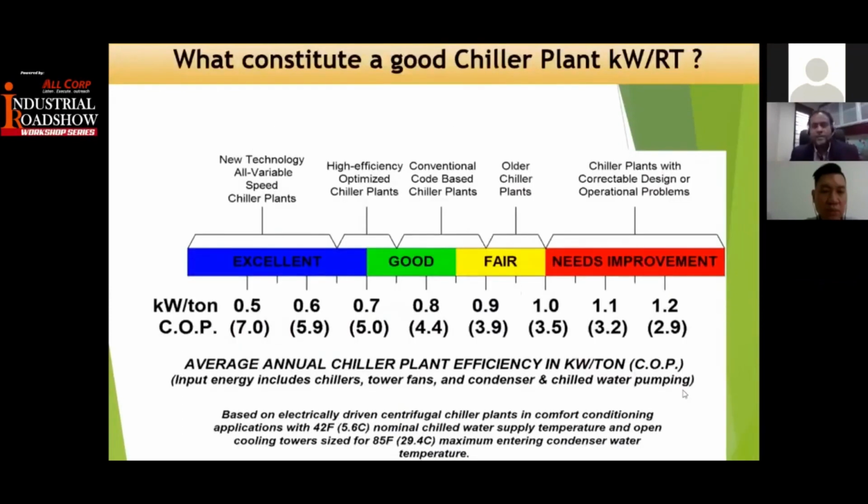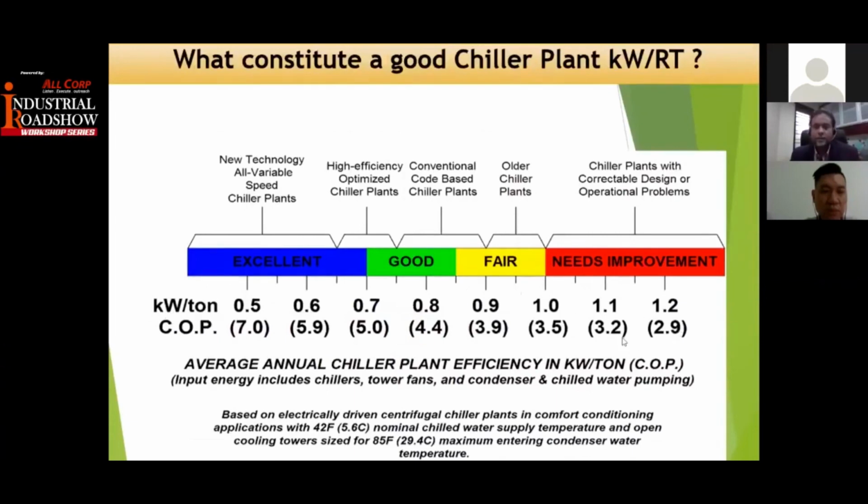So basically, straight away we go to the chiller plant, right? The major usage in any building or facility is the chiller plant or compressor plant. So it's good to look into the chiller plant side, where, as Mr. Kenji explained earlier, we base on kilowatt per ton.